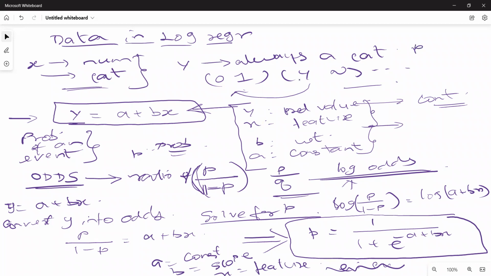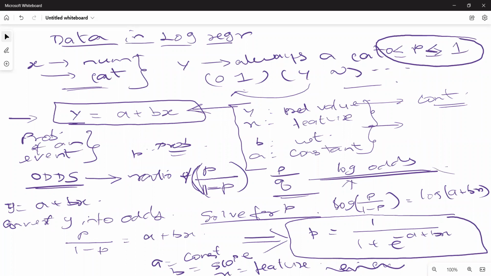Does probability have a range? 0 to 1. It is always between 0 to 1. Okay, so this p value will always lie between 0 to 1. So if it is closer to 0, it means that the probability of an event occurring is very less. When the value is closer to 1, it means that the probability of the event occurring is on the higher side. Okay.